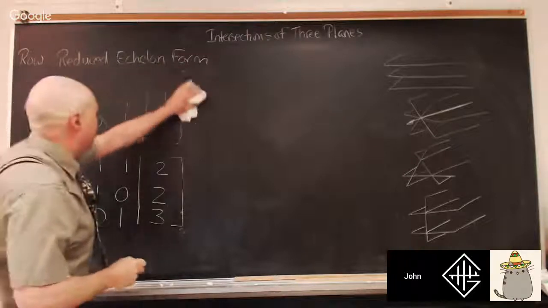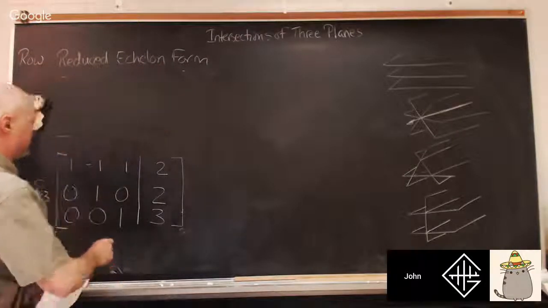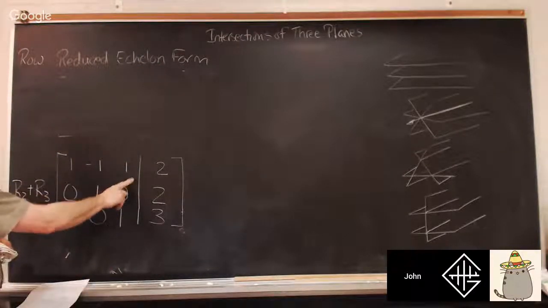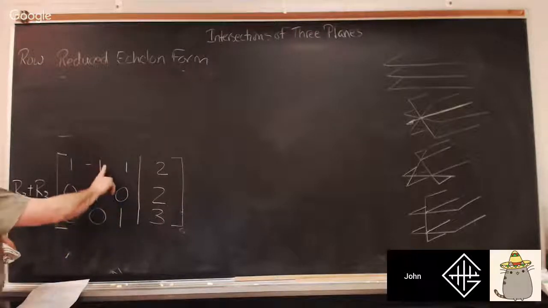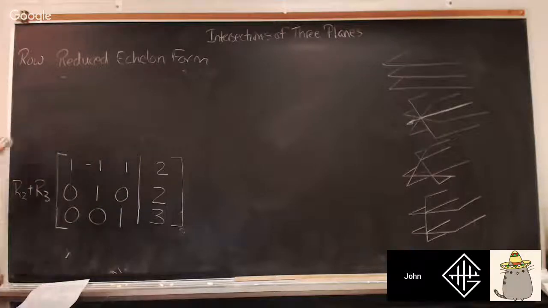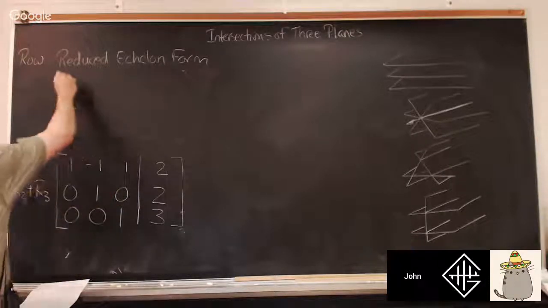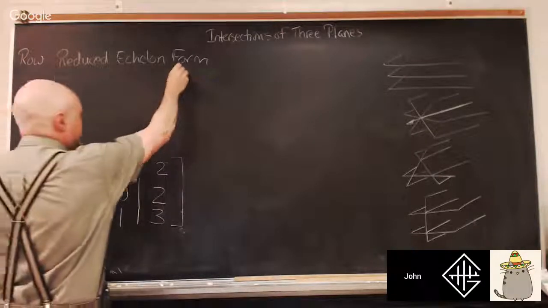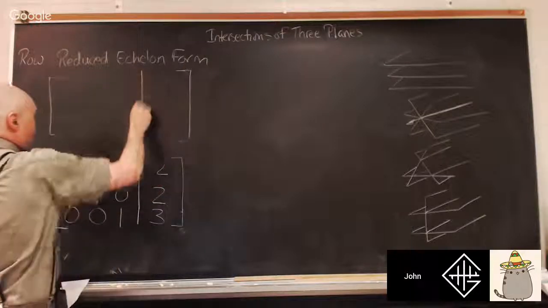Okay. Now, what I want to do is I want to make this go away, and I'm going to use row 3 to do that. I want to make this go away, and I'm going to use row 2 to do that. And then we will have it in row-reduced echelon form. Okay, here we go.